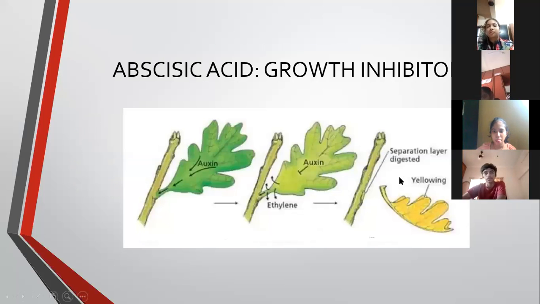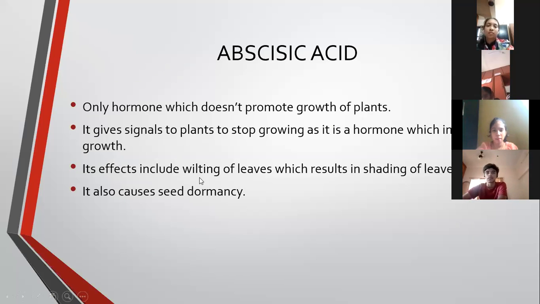Shedding of leaf, instead of that, it is better if you say wilting of leaf. Wilting of leaf causes shedding of leaf. So wilting of leaf means when the leaf turns yellow. After it turns yellow, then only it will be shed. So first this process happens. So it causes wilting of leaf.